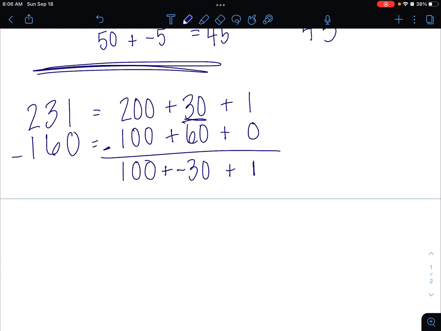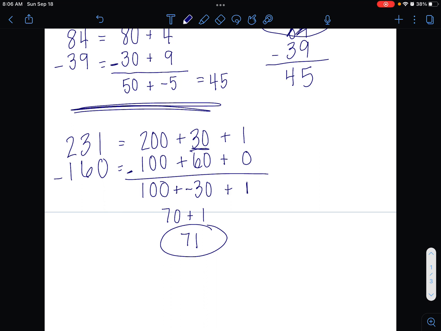So 100 plus negative 30, so I'm really doing 100 minus 30 is 70. And then 70 plus 1 is 71. So there's my answer. Again, find a strategy that works the best for you. This is just one that might help you to make a little bit more sense of numbers thinking about place value.